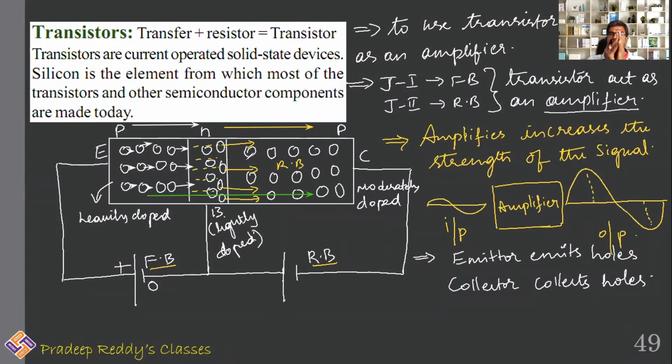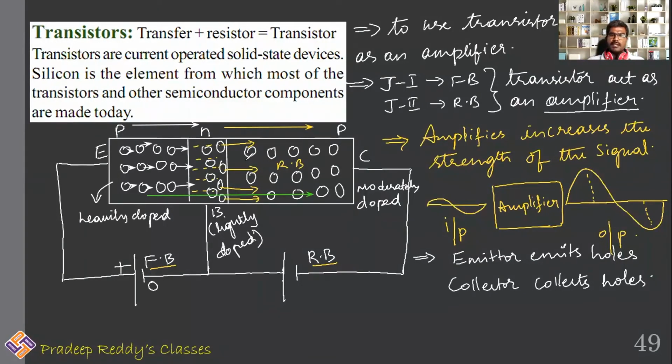And remember that the size of the collector is increased because most of the majority charge carriers are directly entering into the collector region. Therefore, there will be free space for the majority charge carriers in the collector to move. So the region of the collector is made larger than that of the emitter as well as the base.